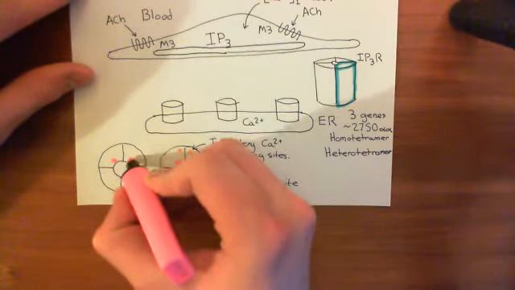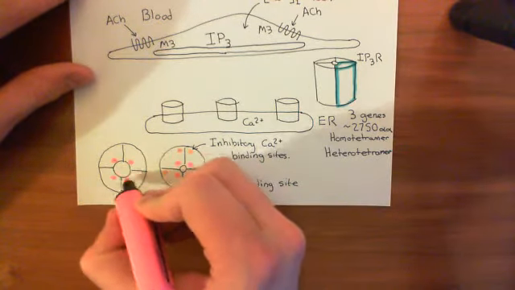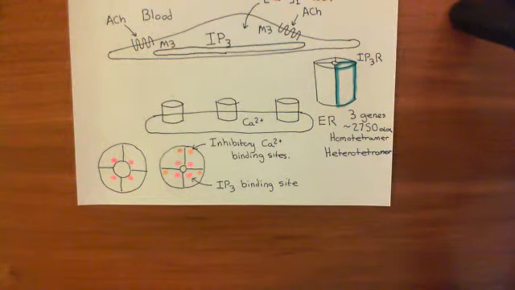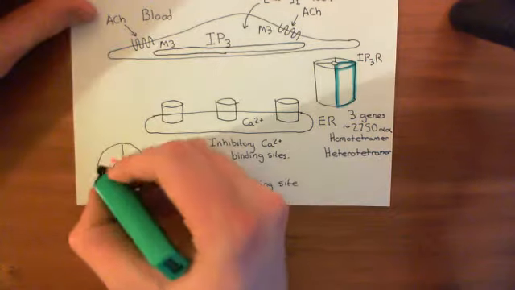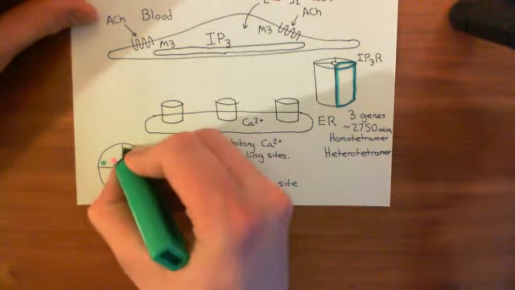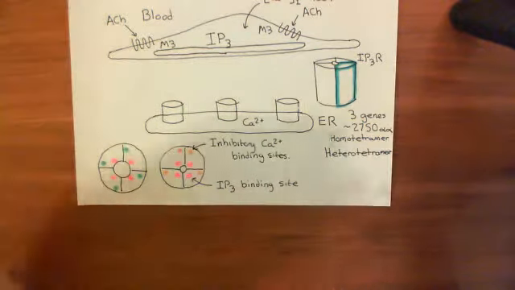What it does cause is the inhibitory calcium binding site to be removed. It's no longer exposed, and instead you expose a new calcium binding site, which is a stimulatory calcium binding site. This binding site in green is a stimulatory calcium binding site.